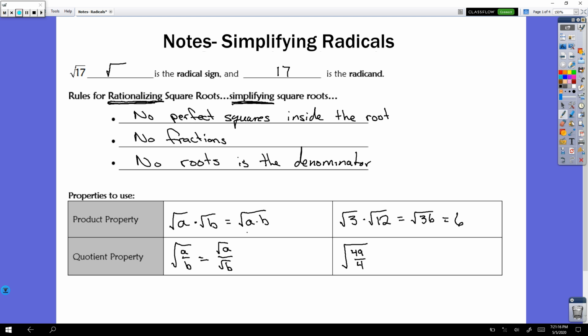Again, can't really see what 49/4 would be or what that square root would even look like. But if we split it up, square root of 49 over the square root of 4, square root of 49 would be 7. Square root of 4 would be 2. So a lot of times breaking these things up helps us to see an answer more clearly.